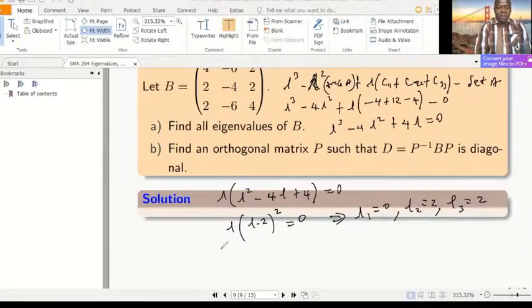Let me now find the eigenvectors. So when lambda 1 is 0, let me subtract 0 from the leading diagonal.